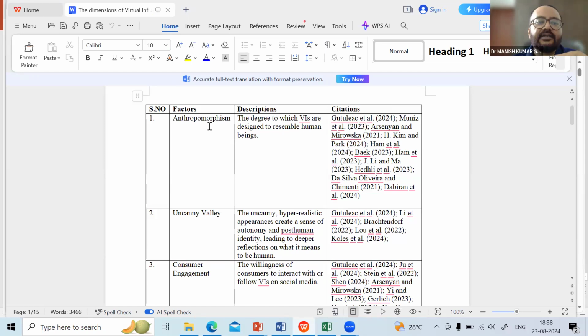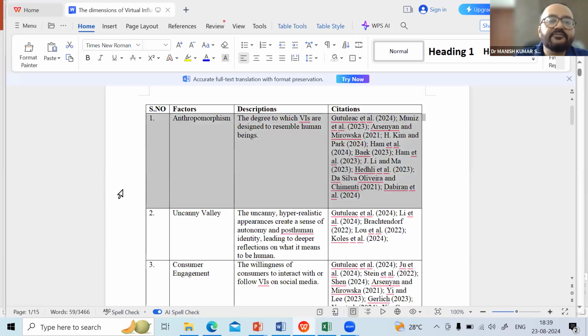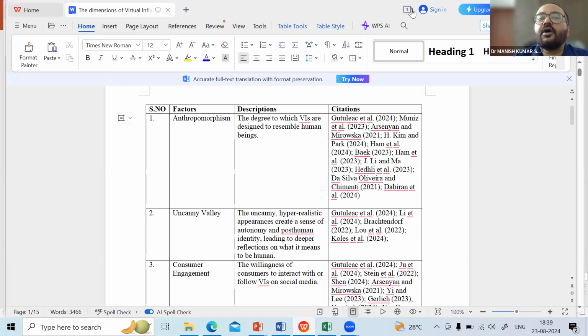We have some supporting factors which I got from the literature, related to the success of virtual influencer marketing. As I told you, there are two things: either it is a barrier, or it will come as a supporting factor.